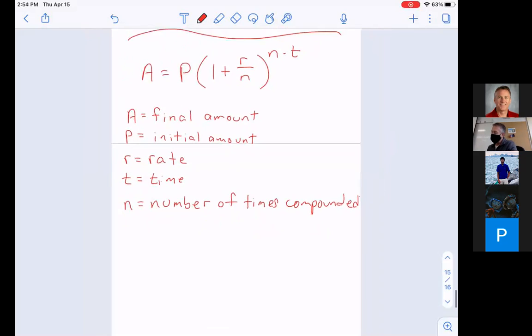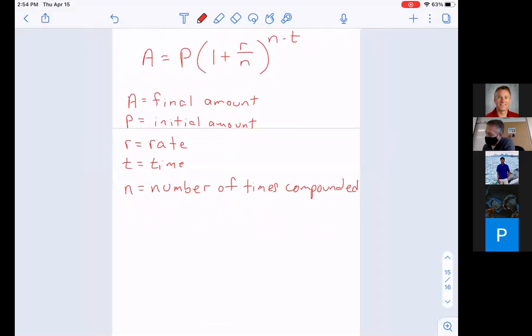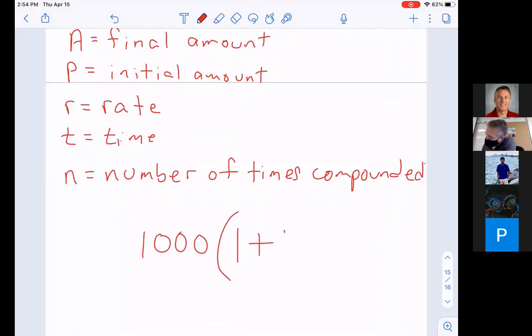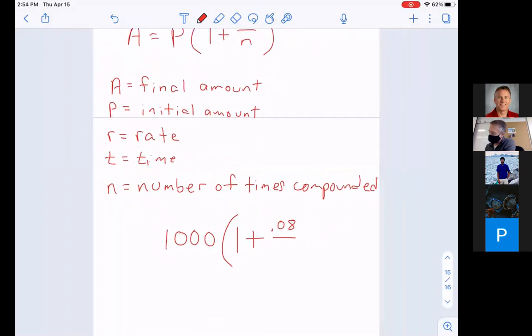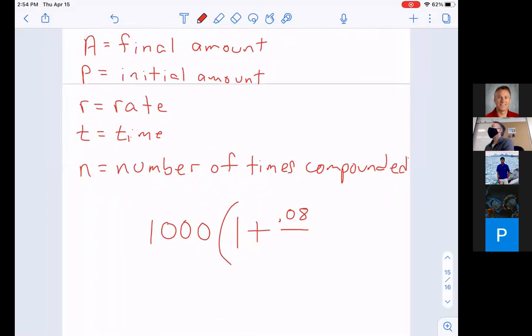So in this particular scenario, we started with $1,000. And I'm going to do 1 plus a rate of 8%, so that is written as 0.08. And it's compounded quarterly, so that is going to be 4. That means 4 times a year.